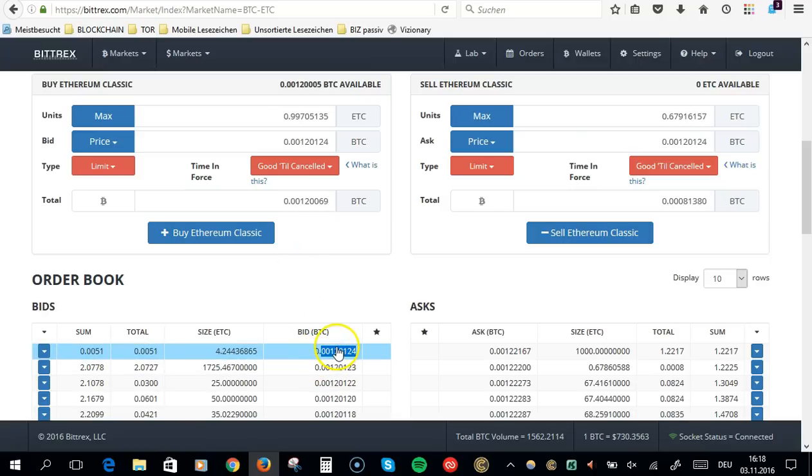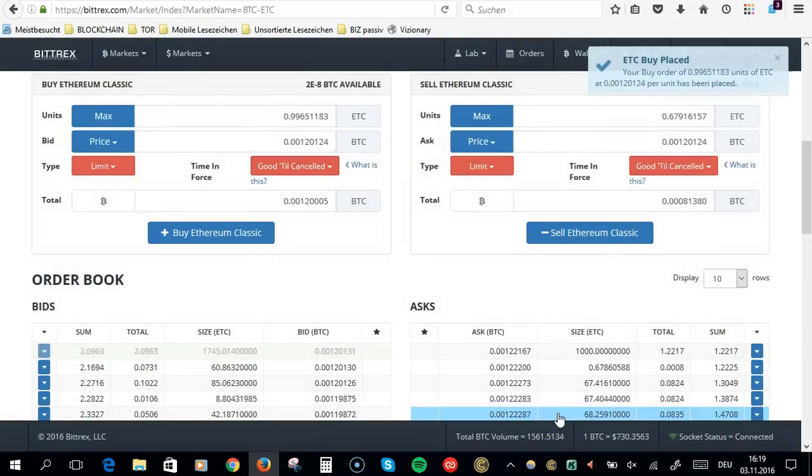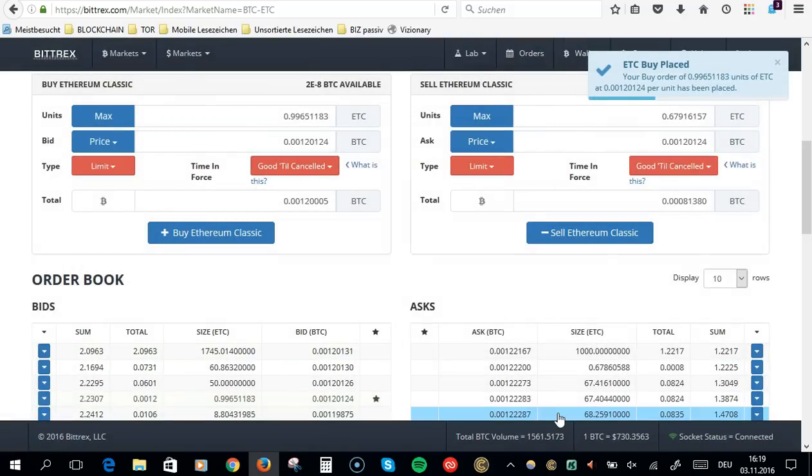I've double clicked here, so it populates the price right here, and I have double clicked here, which says my total number I'm willing to pay is 12,005. That's the total amount of Bitcoin I have. So let's see, buy Ethereum Classic. The confirmation window comes up again, and you just click confirm.